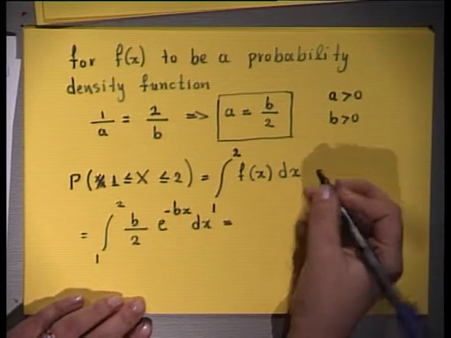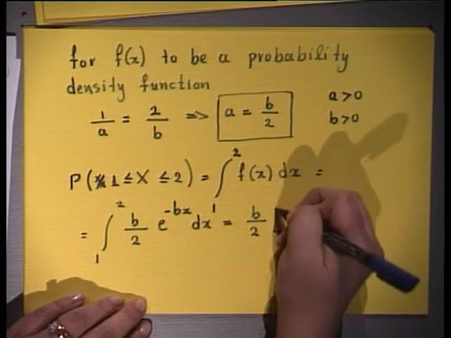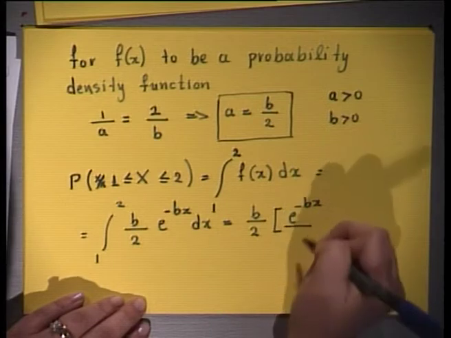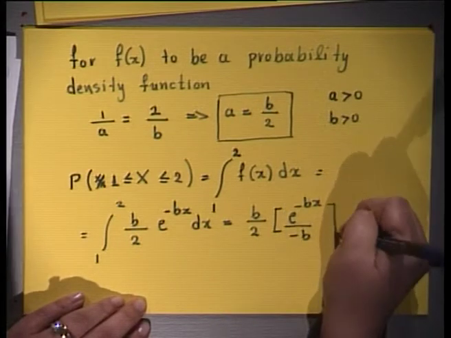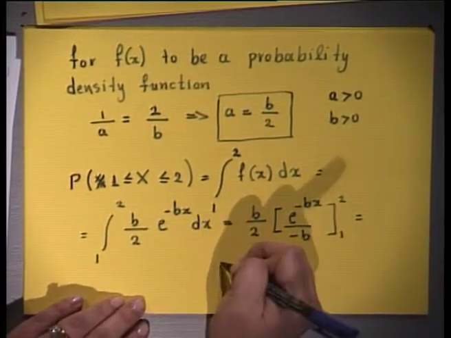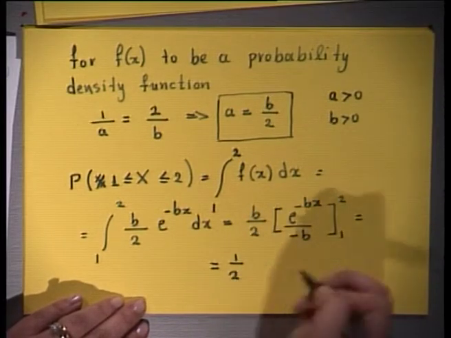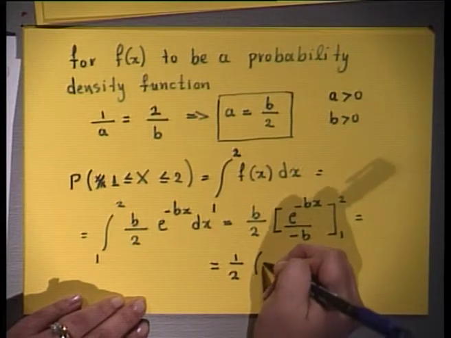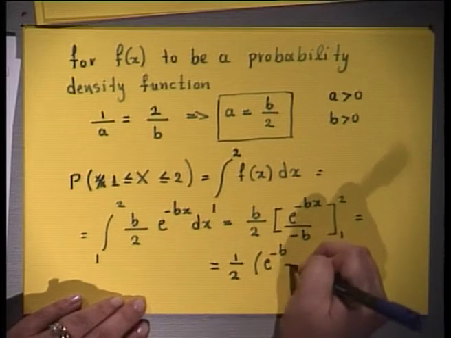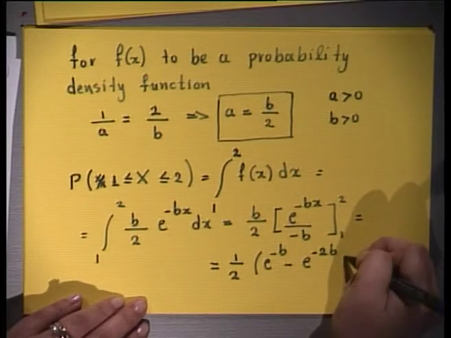And so this will be equal to b over 2 e to the minus b x divided by minus b. We can quickly do these calculations and find out that this is equal to half of e to the minus b minus e to the minus 2b.